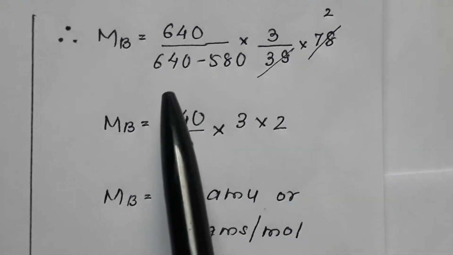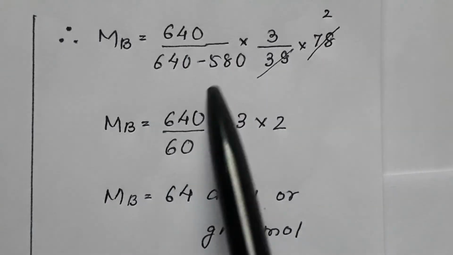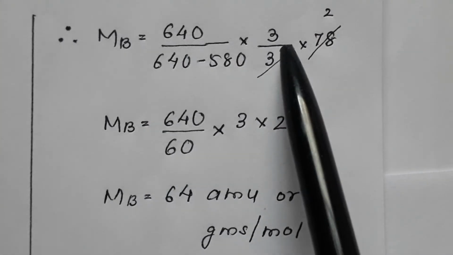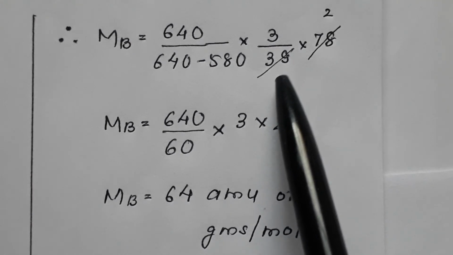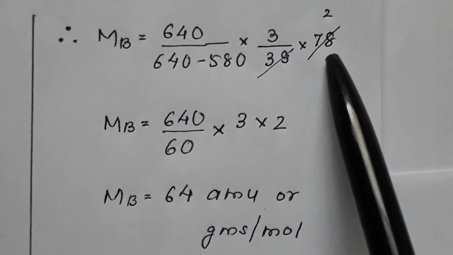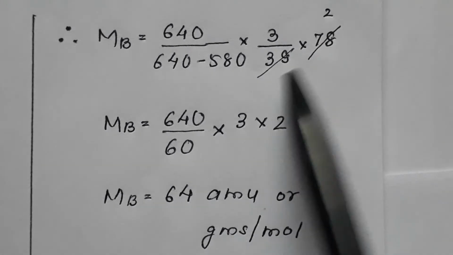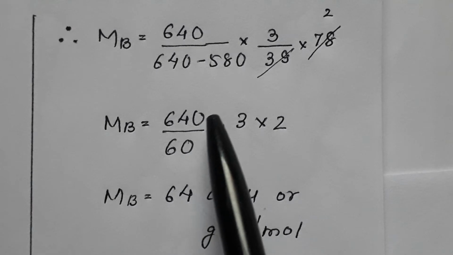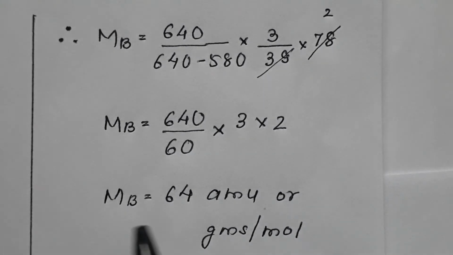So 640 upon 640 minus 580, this together is termed as the relative lowering, into the weight of solute as given, 3, upon the weight of solvent as given, 39, into the molecular weight of solvent, 78. This gets cancelled out, so it comes to be 640 upon 60 into 3 into 2, and the total value comes to be 64 AMU or grams per mole.